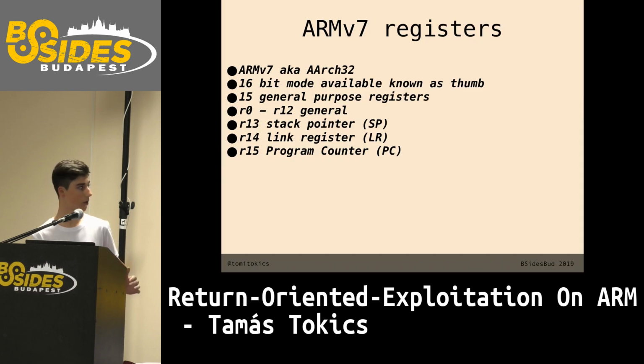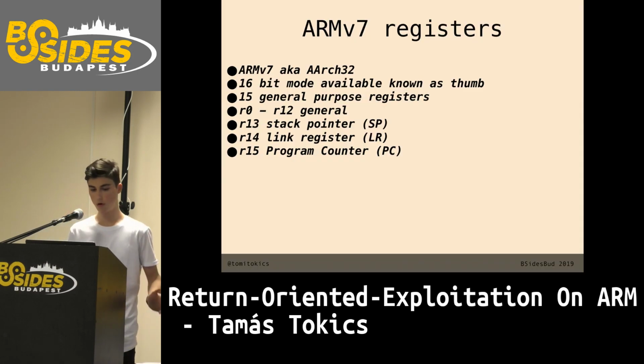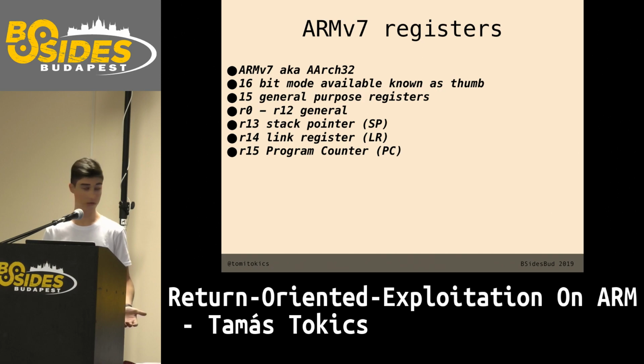From R0 to R12, these are the general-purpose ones, and from R13 to R15, those are the special types of registers. R13 is the stack pointer, which always points to the top of the stack. R14 is the link register, which holds the return address, for example when a function call is made. And R15 is the program counter, which always holds the next instruction to be executed.